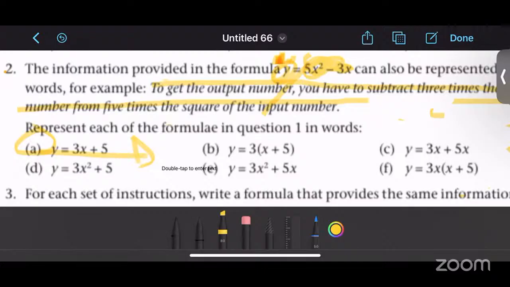Langelihle, what are we going to do to get the output number for B?